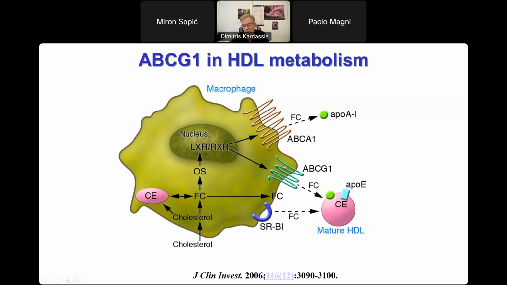So ABCG1 plays an important role in the so-called reverse cholesterol transport pathway of HDL, because it takes cholesterol from the macrophages and transfers this cholesterol to HDL particles, primarily to mature HDL particles, for transport back to the liver and excretion.